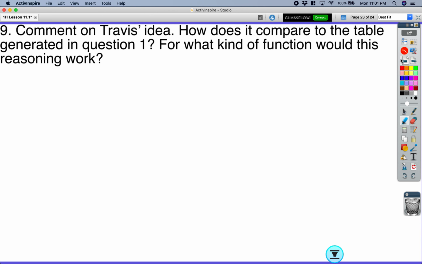So comment on Travis' idea. How does it compare to the table generated in question 1? For what kind of function would this be good? This would work if the entire thing were linear, which it's not. So if the growth was linear, this would work.